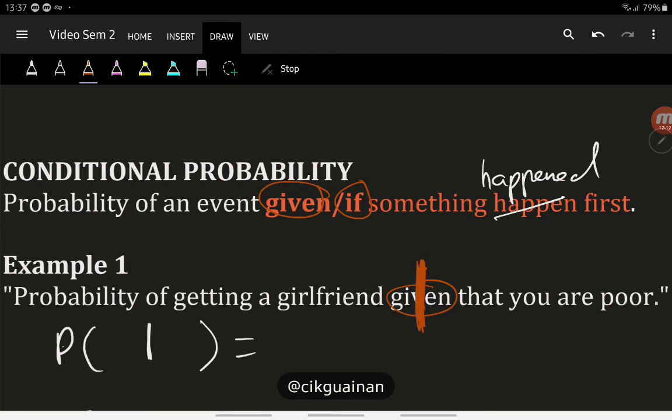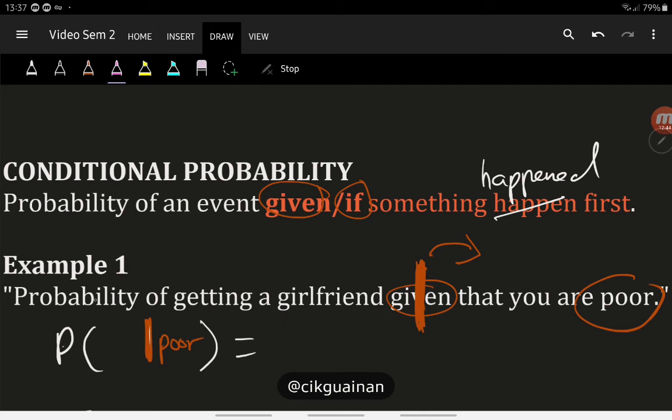This is the pole that you've set up. You look on your right hand side, just next to it. Which one is the closest event? The event that you are poor. So in short, poor. This is the pole, and you write poor on the right hand side. Then what should we fill in the left? Find it from the sentence.